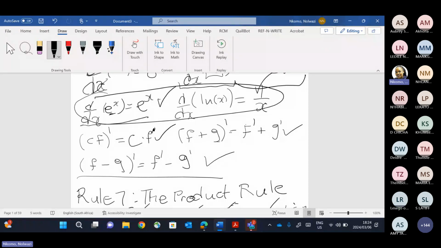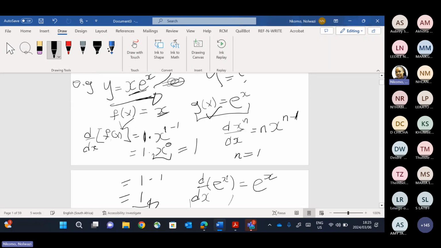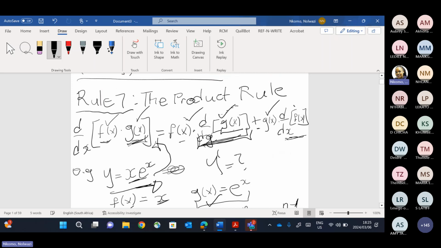And this rule says the derivative of e to the power x is equal to e to the power x. So you conclude that this derivative is equal to e to the power x. Then the next step is to substitute all these functions.